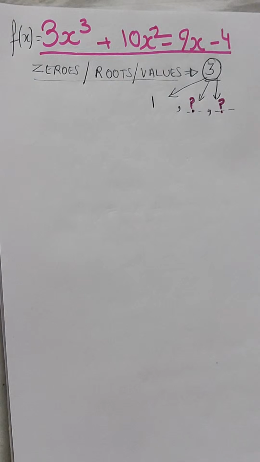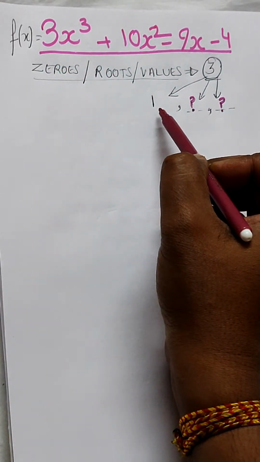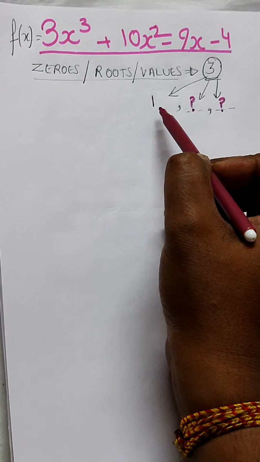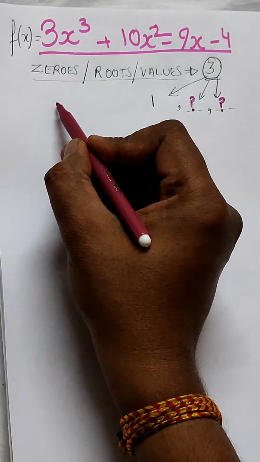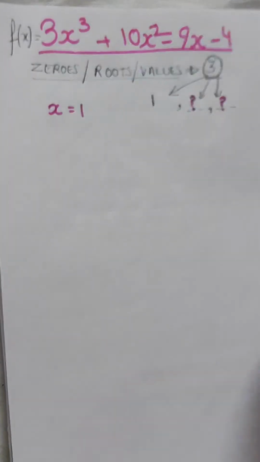Now to solve this polynomial, you know that since one of the zeros is 1, we are getting the value of x equal to 1.